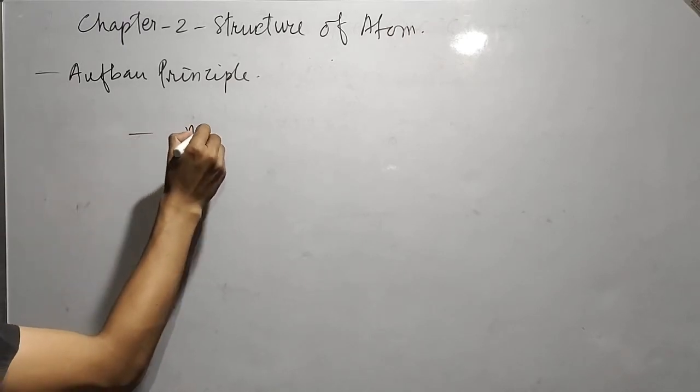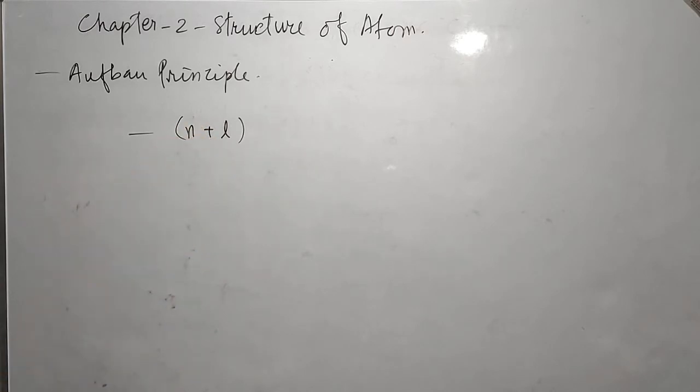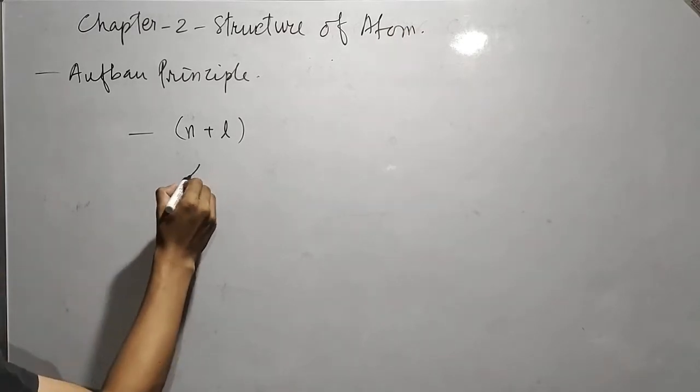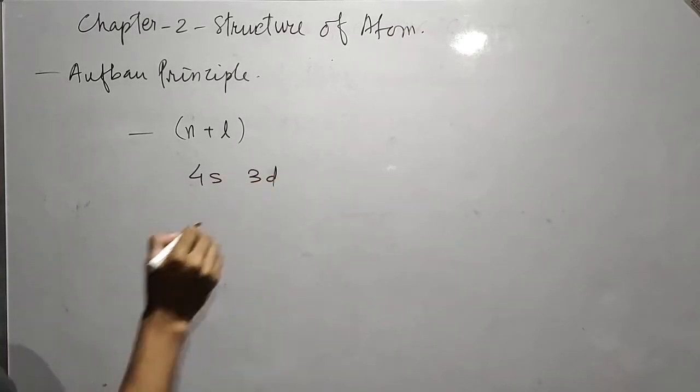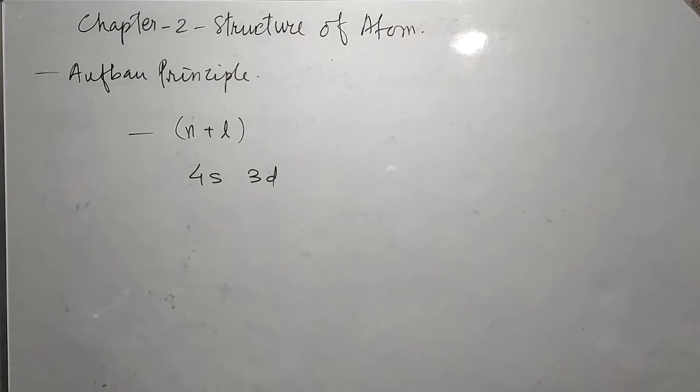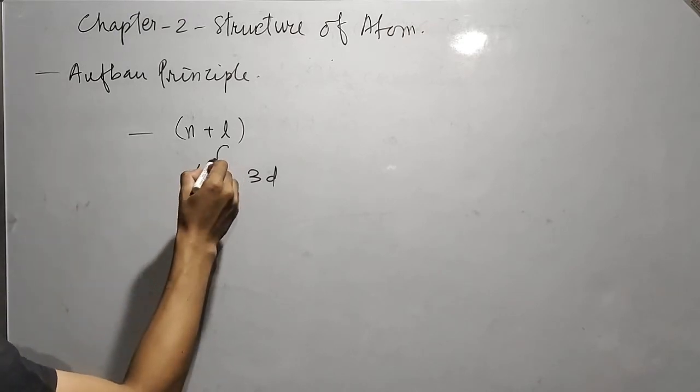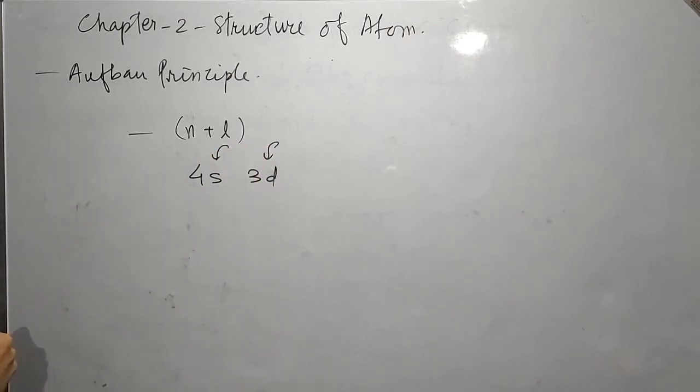The first one is the n plus l method. For example, between 4s and 3d, either the electron will first fill here or here.